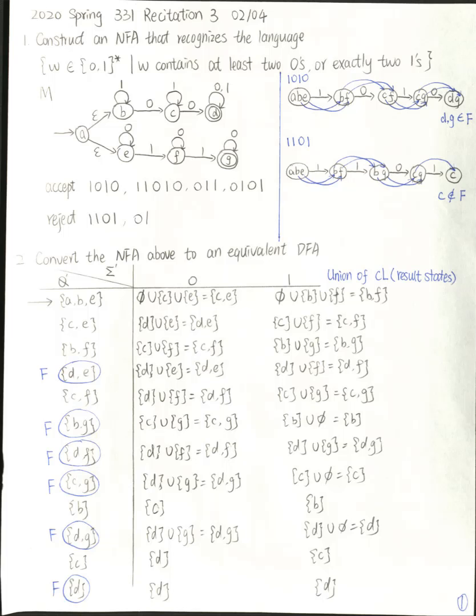So each state of this DFA is going to be a set of states in that NFA. The starting state of this DFA is going to be the set of states that can be reached from the start state of that NFA by just following epsilon transitions. And the final states of this DFA are going to be each state of this DFA that contains at least one final state in the NFA.